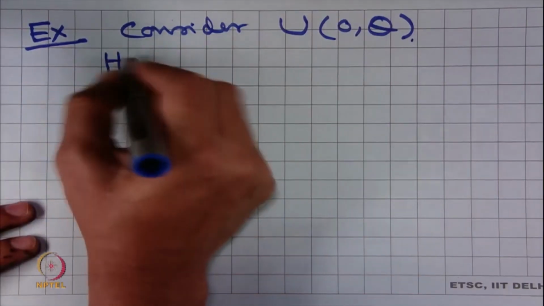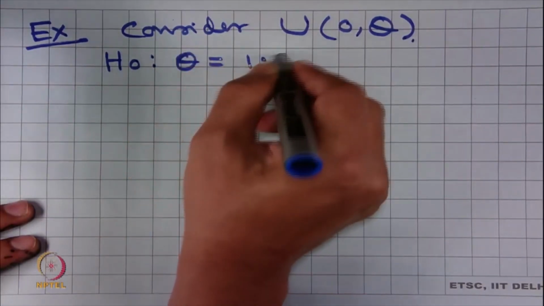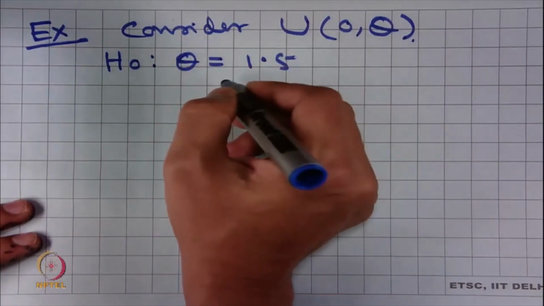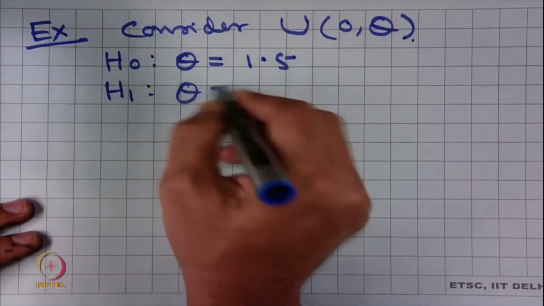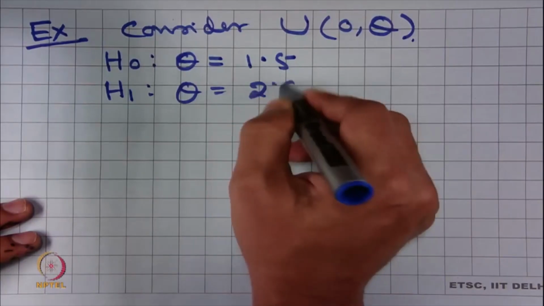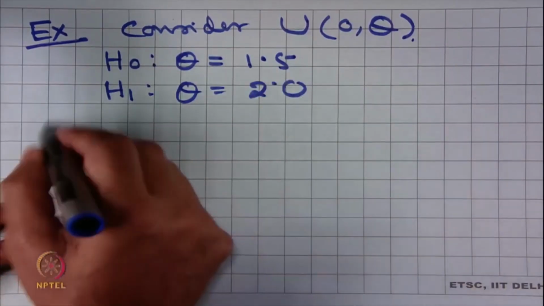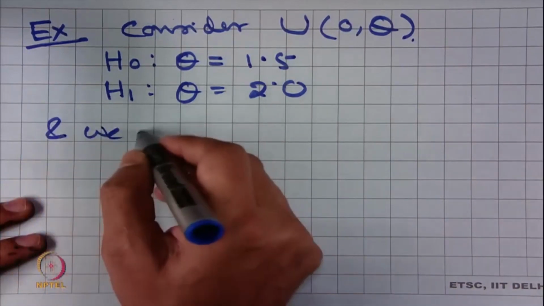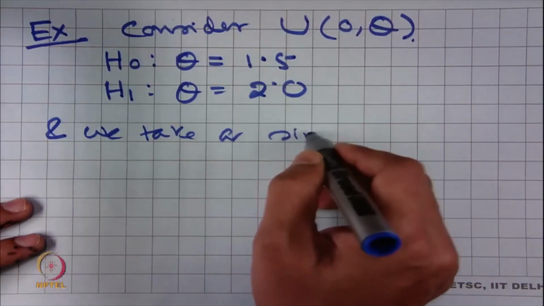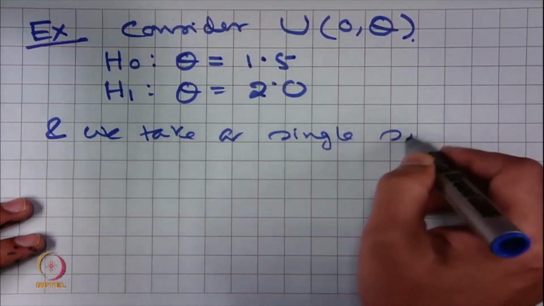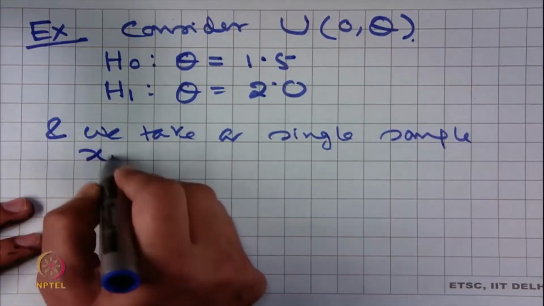Suppose H naught is theta is equal to 1.5 and H 1 is theta is equal to 2.0, and we take a single sample x 1.